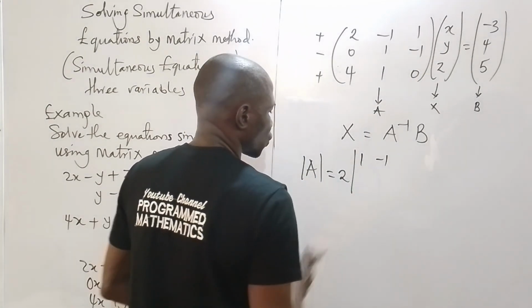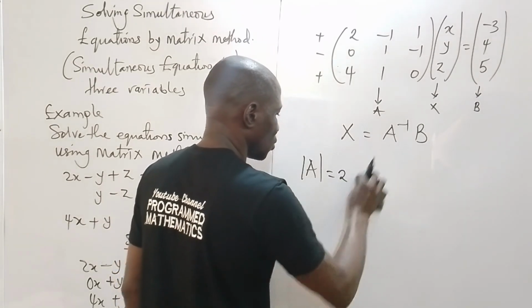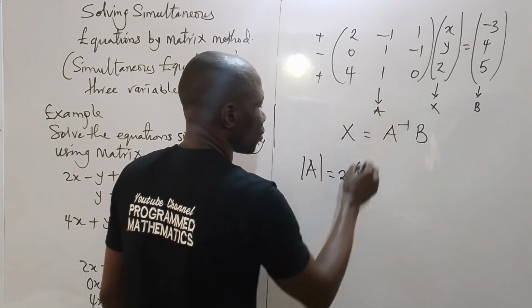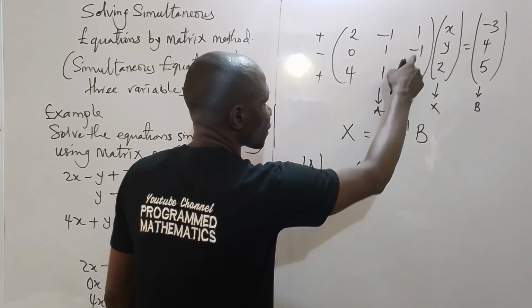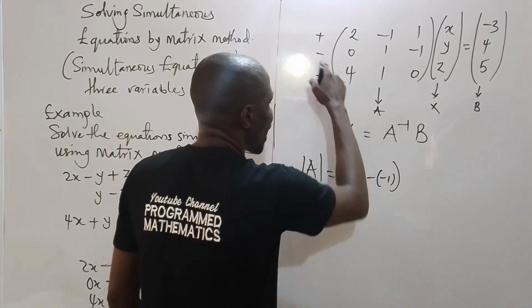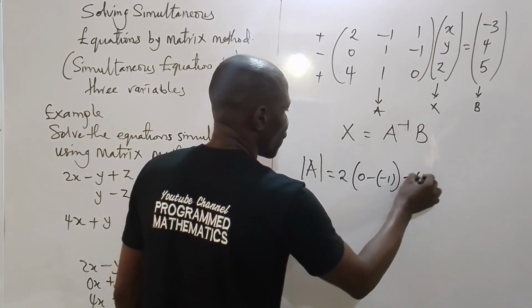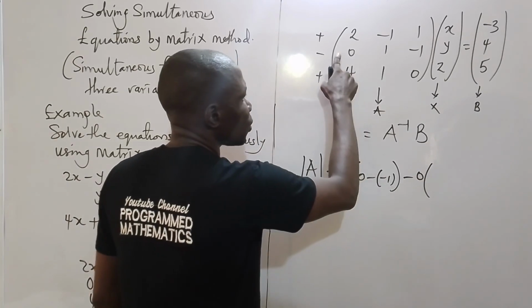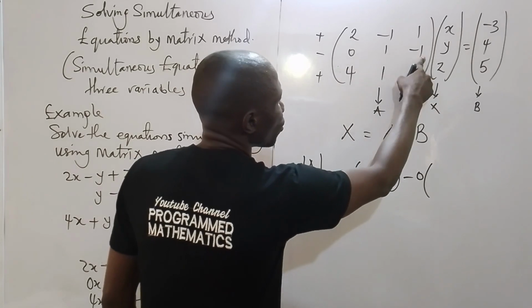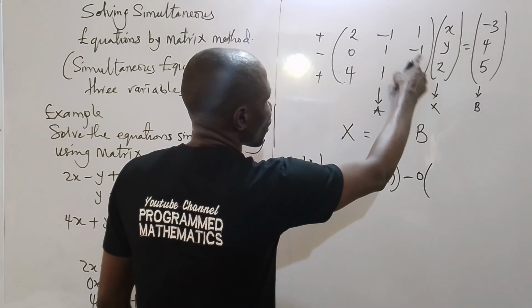Or better still, you can do this straight on your own. So this is 2 brackets: the determinant, 1 times 0 is 0, minus 1 times minus 1 is minus 1. Now minus 0 into 0; delete the second row and the first column.